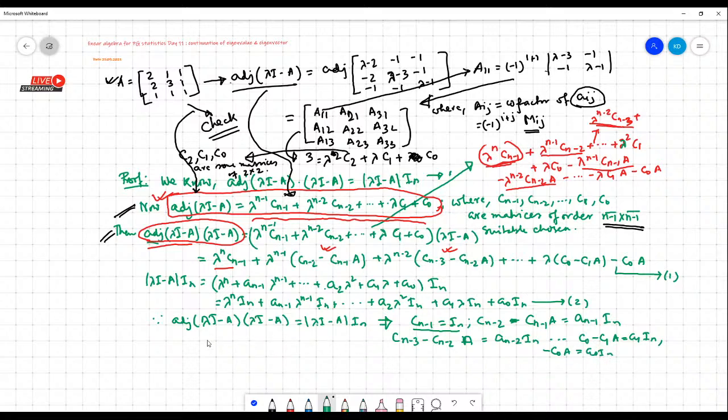Just comparing both sides, because the adjoint of lambda I minus A is nothing but this equation, and the determinant of lambda I minus A times I n is this equation, number 2. Just comparing equation 1 and equation 2, then you get this.